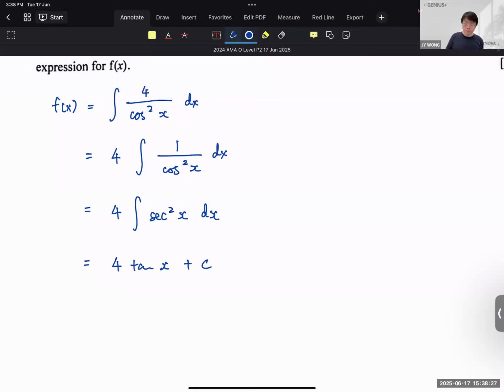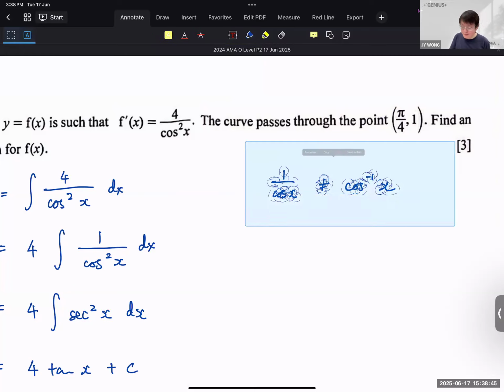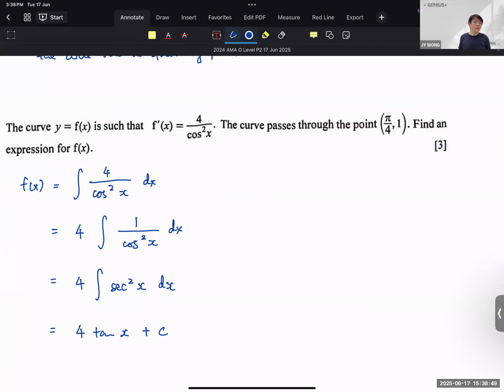Please be very careful. Specific to trigonometric functions, 1 over cosine x is not the same as cosine inverse x. You should know that they're not the same thing. So trigonometric functions don't work this way.